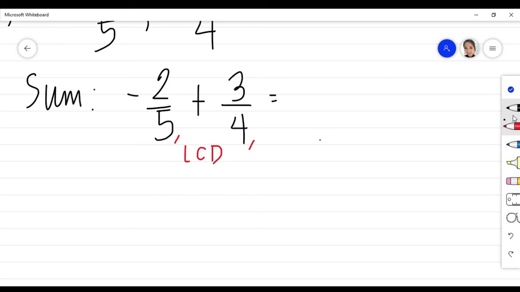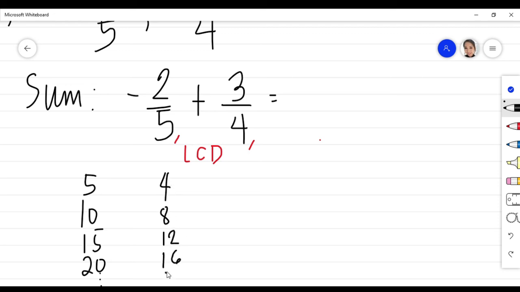For us to easily find multiples, let's write the multiples of 5 together with 4. What are the multiples of 5? We have 5, 10, 15, 20, and so on. How about 4? We have 4, 8, 12, 16, 20.